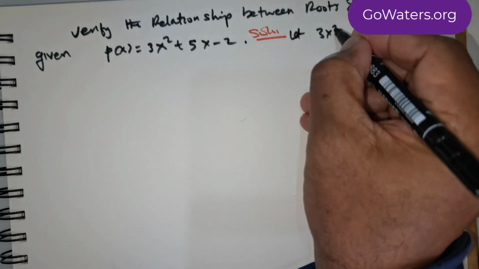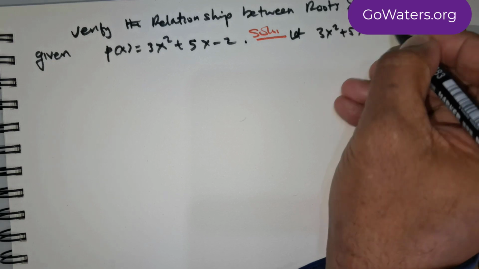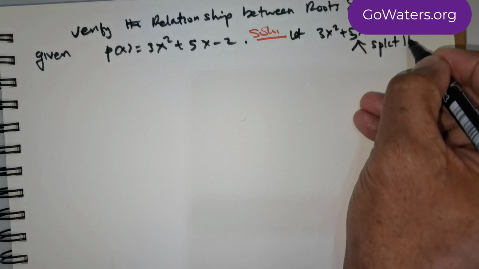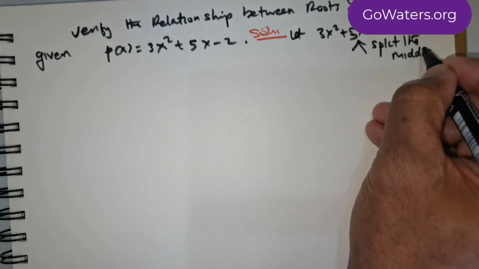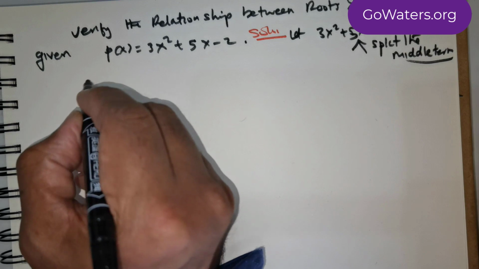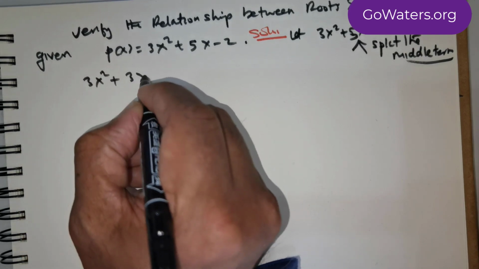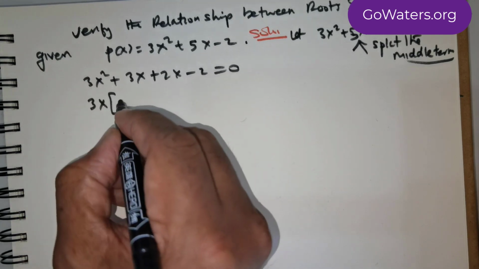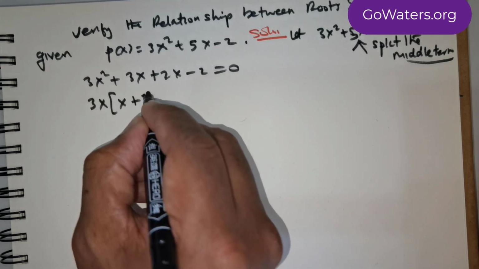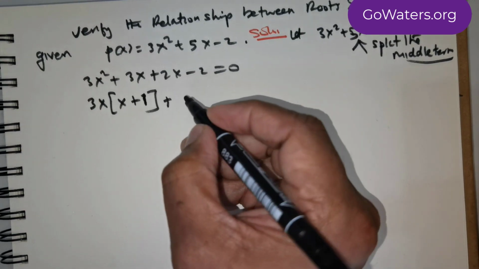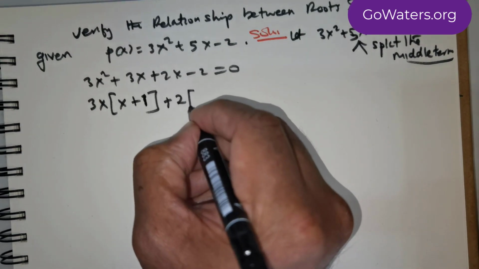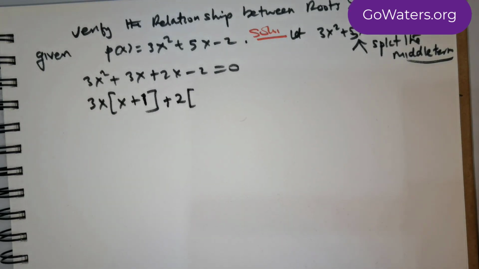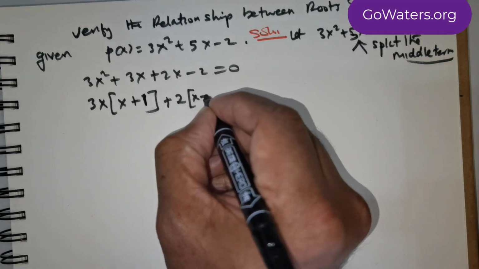So let 3x squared plus 5x minus 2 be equal to 0. So what I will do, I will always split the middle term. So this is going to be 3x squared plus 3x plus 2x minus 2 is equal to 0. I take 3x out, I would get x plus 1 here, and I would take 2 out, and that would give me x minus 1.